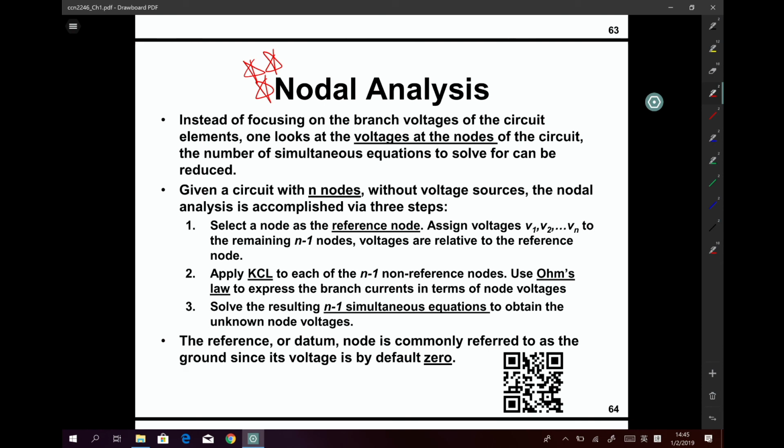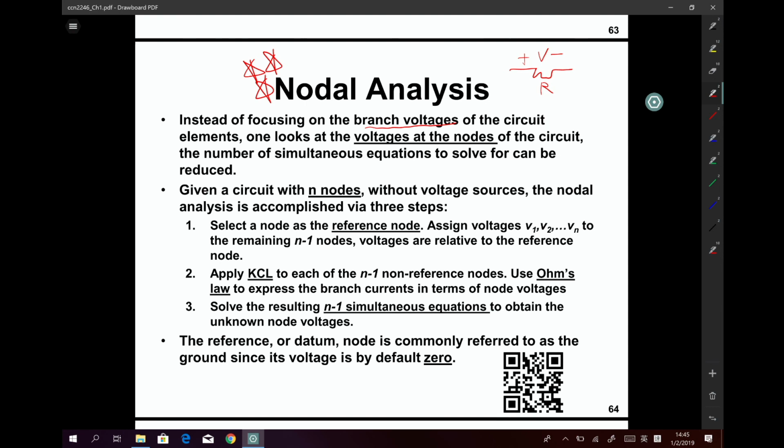Now remember the last example we told you. For any component, we are going to find the voltage across the component. This is the so-called branch voltage. But we told you that finding the branch voltage is really difficult, because if you have an increased number of branches in your circuit, that means you have more and more unknowns, right?